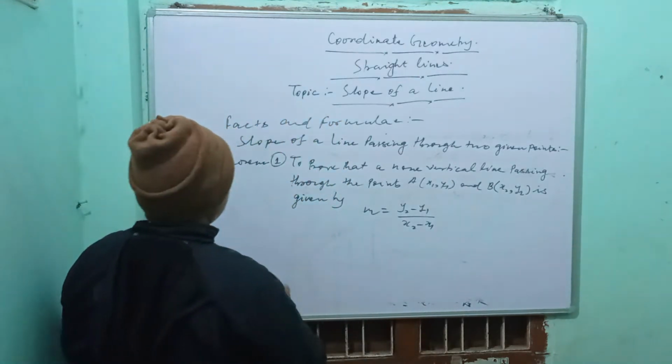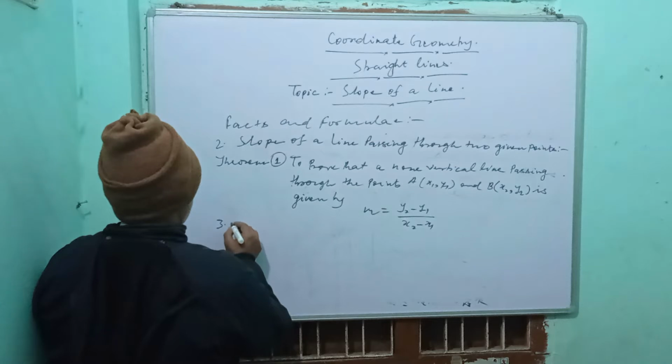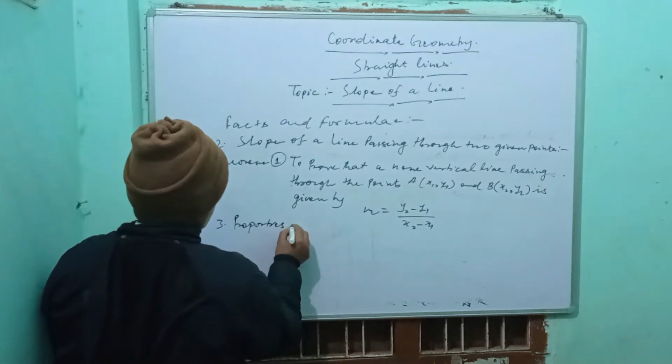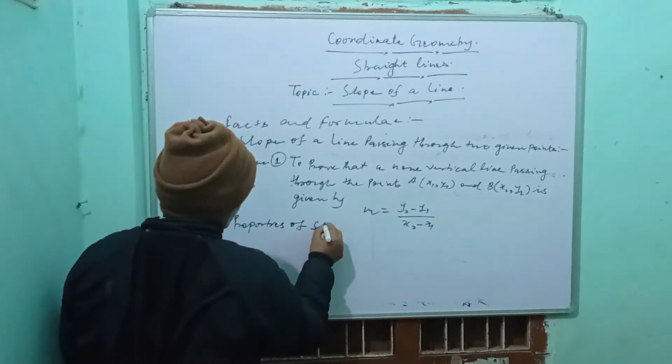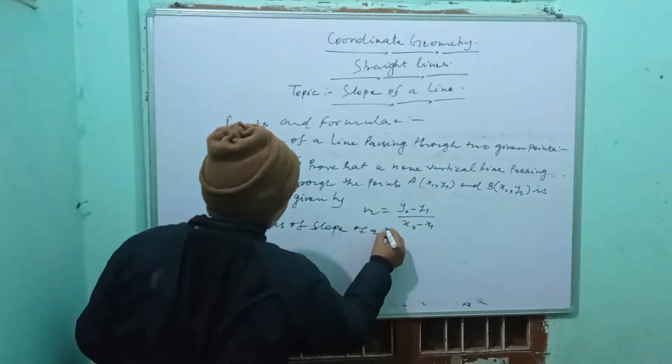Then we discuss the properties. The next point is properties of slope of a line.